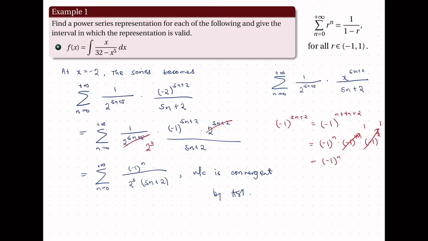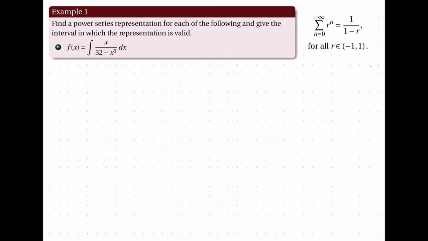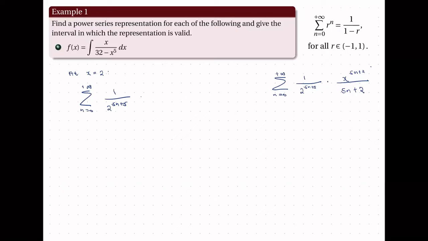Ngayon naman, check natin for the other endpoint. At x equals 2, okay, our series becomes the summation from n equals 0 to positive infinity of 1 over 2 raised to 5n plus 5 times 2 raised to 5n plus 2 over 5n plus 2. This will cancel and then may matitirang 2 cubed sa denominator.